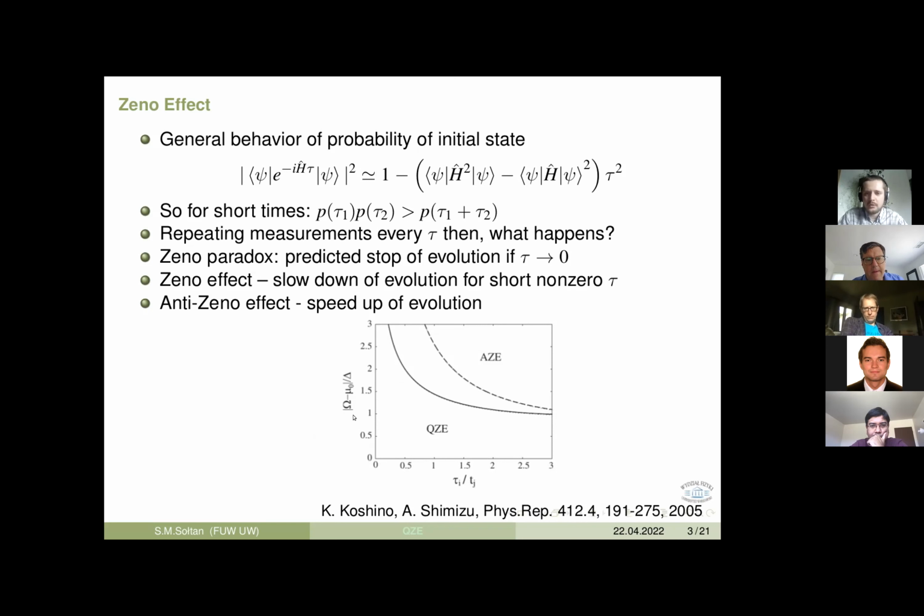In this case, it was the difference between the center of the form factor and the energy of the system. And there is this line that separates the region of parameters in which we have quantum Zeno effect and the anti-Zeno effect.